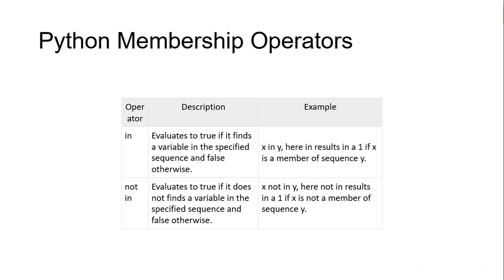And not in means we evaluate to true if it does not find a value in the particular sequence, otherwise it returns false. So not in is generally used when we are checking that a value does not exist in a sequence or list, then it returns true. It is similar to in, but the opposite. So in checks whether a value exists in the list or not, and not in checks whether a value does not exist in the list.